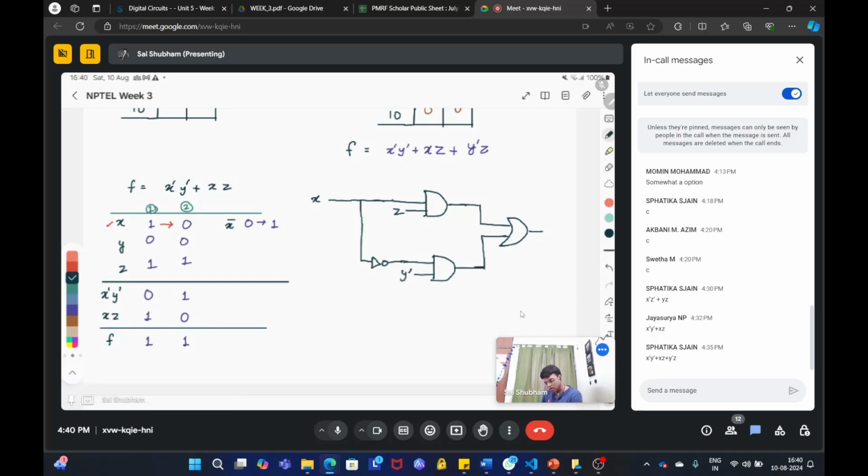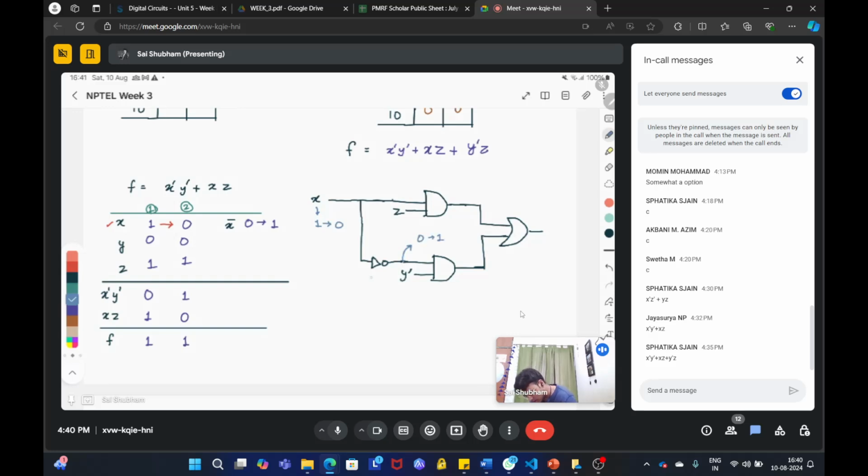So here we are assuming that whenever we transition this x, in this case from 1 to 0, immediately this signal will also go from 0 to 1.